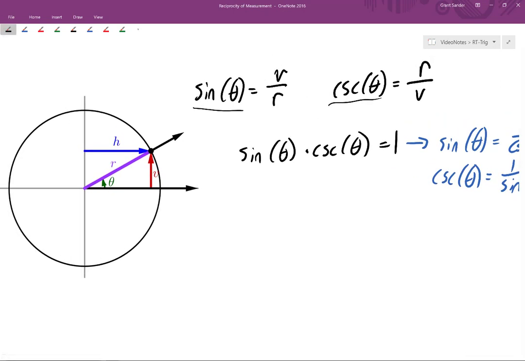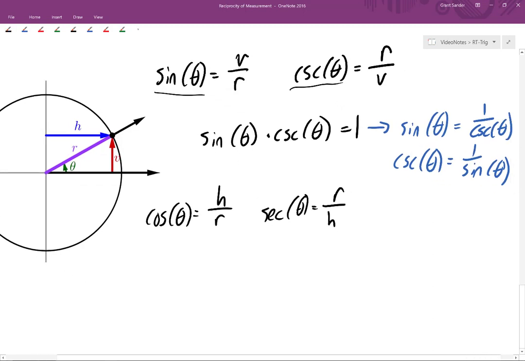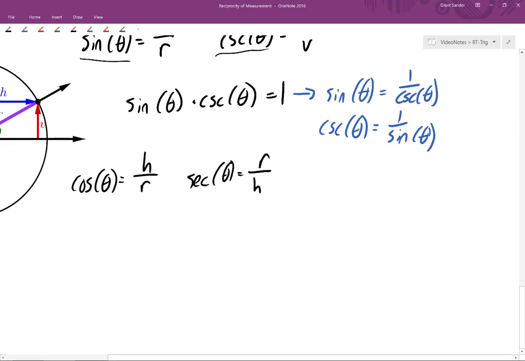In a similar way, since cosine of theta gives us the measure of the horizontal distance in units of the radius of the circle, and secant of theta gives us the measure of the radius of the circle in units of the terminal point's horizontal distance to the right, those two things should be reciprocals.